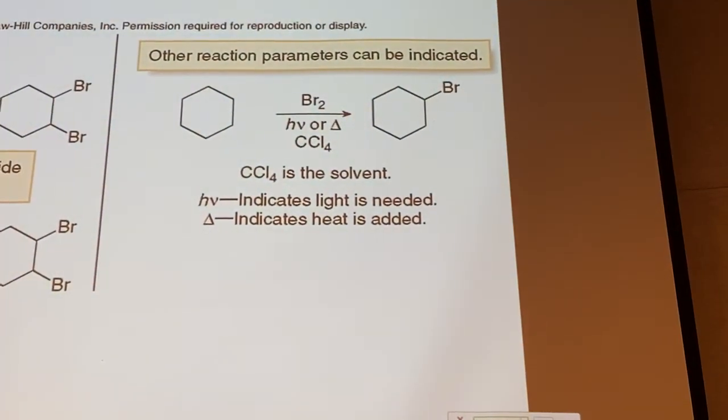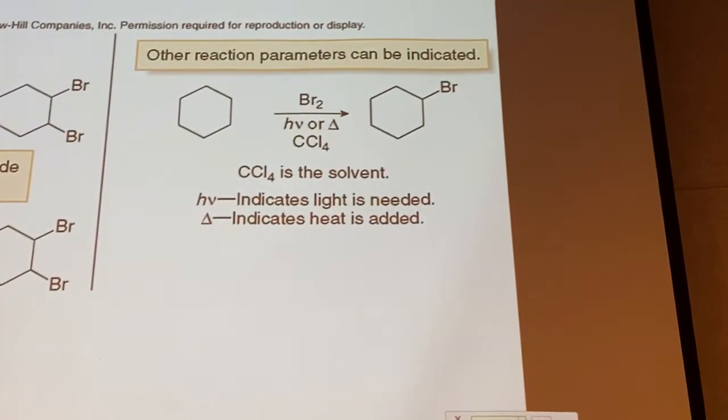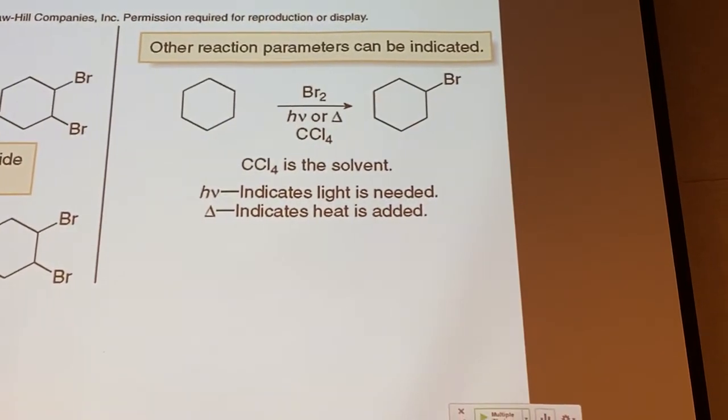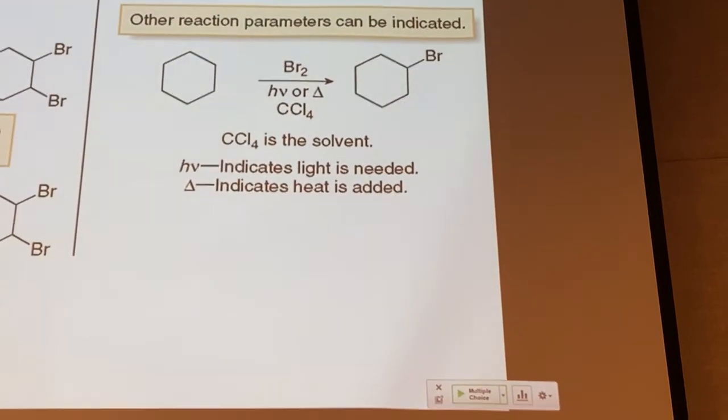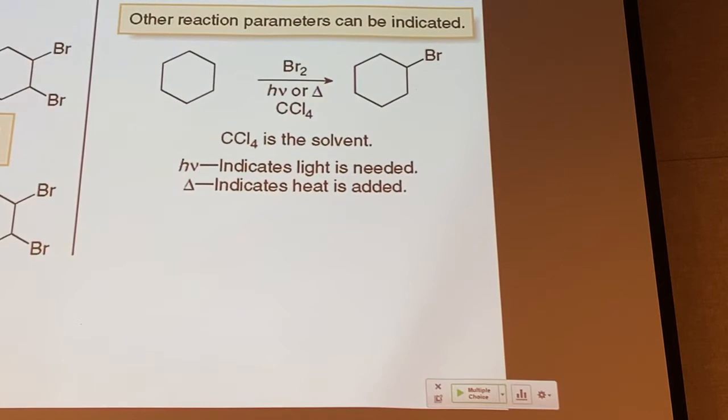So in a substitution, I'll back up a minute. In any reaction, it's important to understand which bonds are being broken and which bonds are being formed. So in a substitution, what kind of a bond is being broken? A sigma bond, okay? And what kind of bond is being formed?